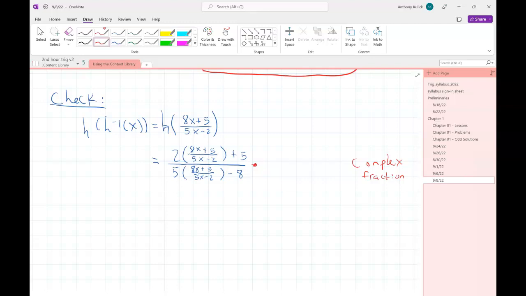In this problem, I have really two different kinds of denominators. I have 5x minus 2, and then I have 1, right? There's a 5 over 1, 8 over 1. The least common multiple of 5x minus 2 and 1 is just 5x minus 2. So that's what I'm going to multiply to the top and bottom of this fraction.